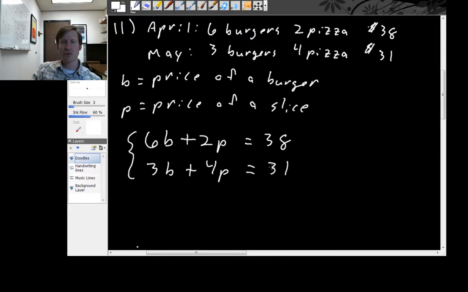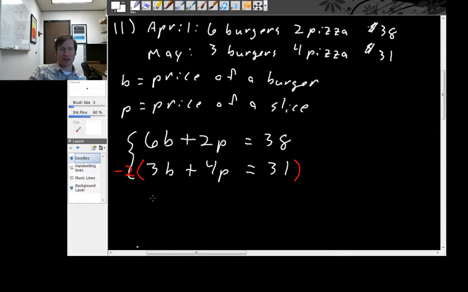Because of the form that the equations are in, it looks like we could solve this easily using elimination. You could use substitution if you want to, but I'm going to use elimination. It looks like if we multiply this second equation by -2, then we'll have it set up for the B's to eliminate.